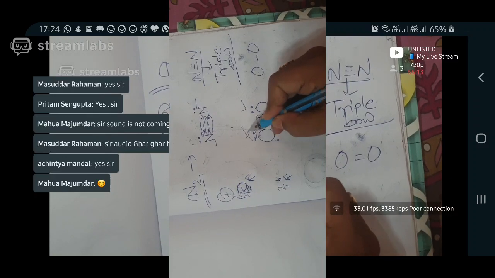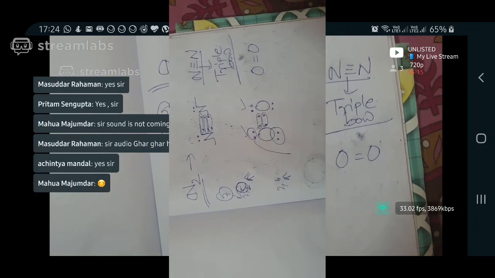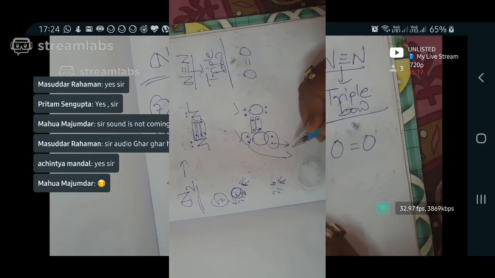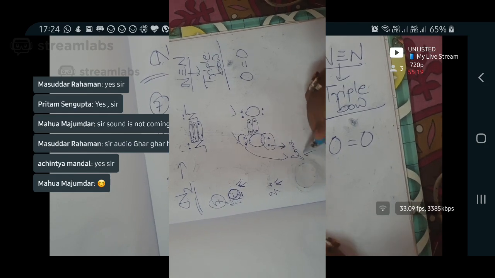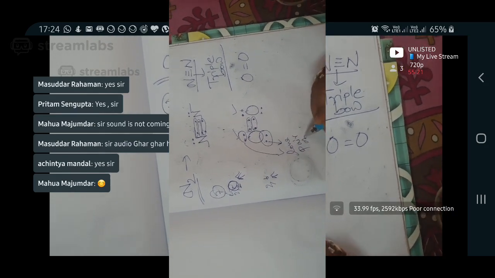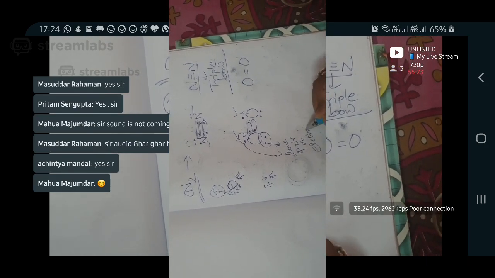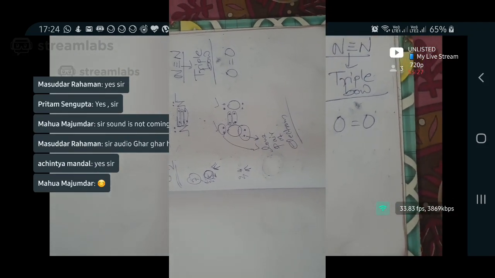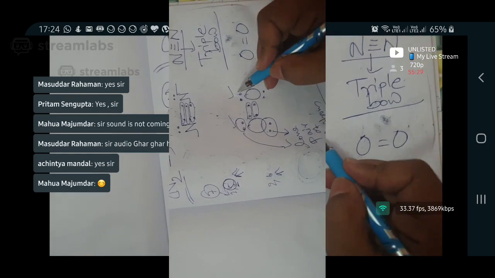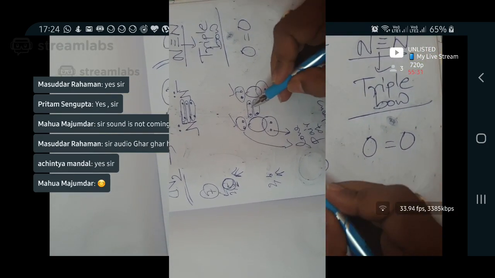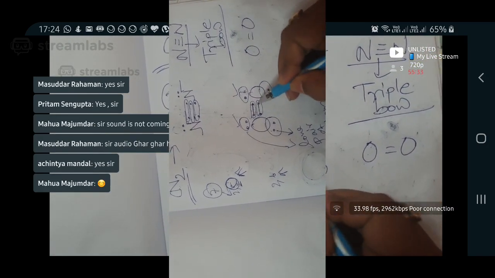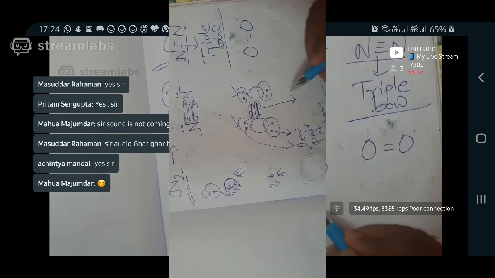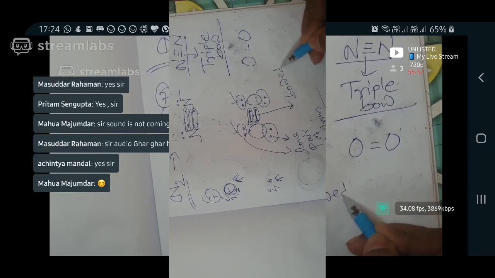Remember, the electrons which do not share but are in the last shell are known as lone pair of electrons. So these are also lone pairs of electrons. But those which take part in bonding are known as bonded pairs of electrons.